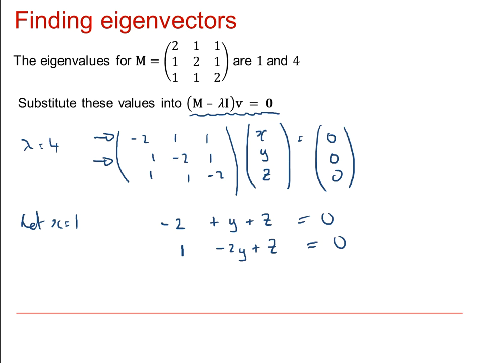That gives two equations that we can solve for y and z. y turns out to be 1 and z is also equal to 1. So you just check those numbers in those equations to make sure that you're happy that they're correct. And therefore, an eigenvector is the vector 1, 1, 1.